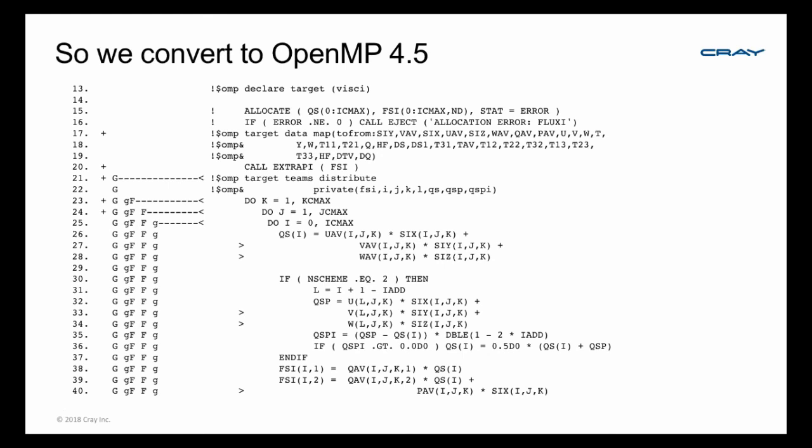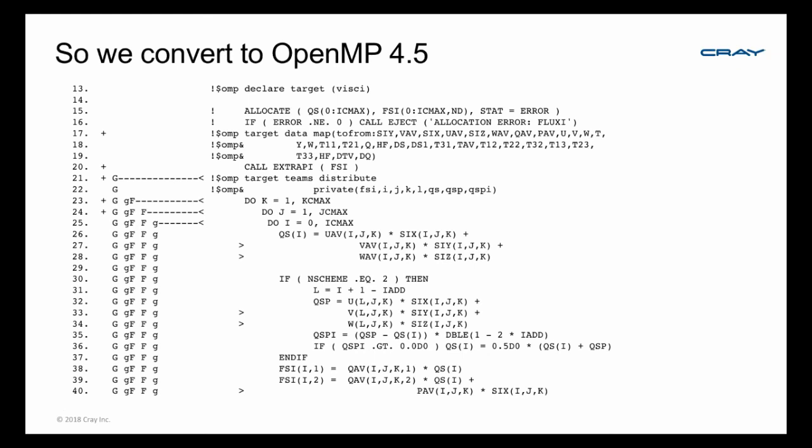Then you have to do the data map of all the variables that you're using. Now, the compiler is going to know which ones are up to date on the accelerator. It is not going to do transfers of all those.